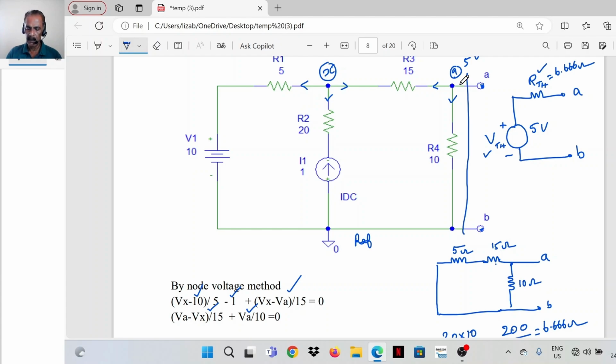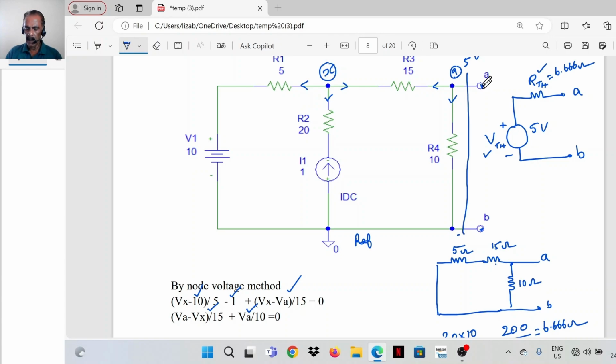So that we found out by the node voltage method. VA is the potential difference between A and B, because this is the reference point. So by the node voltage method, VA is equal to 5 volts we got.